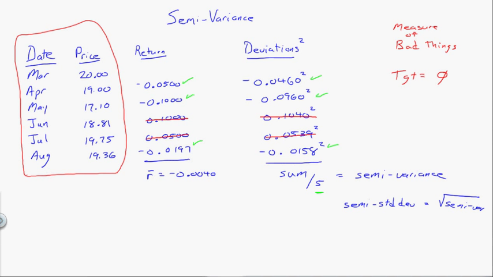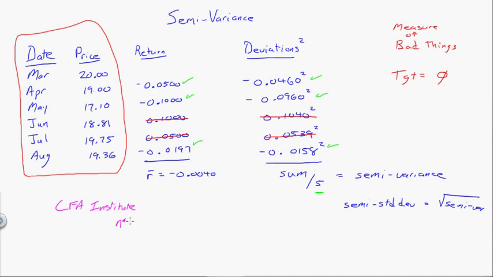Here's where it can get a little bit confusing. If I'm going to look at someone like, say, CFA Institute, they're going to define semi-variance as having the target as the average return. So they measure only the returns below the mean, and they divide not by n, but by n star.